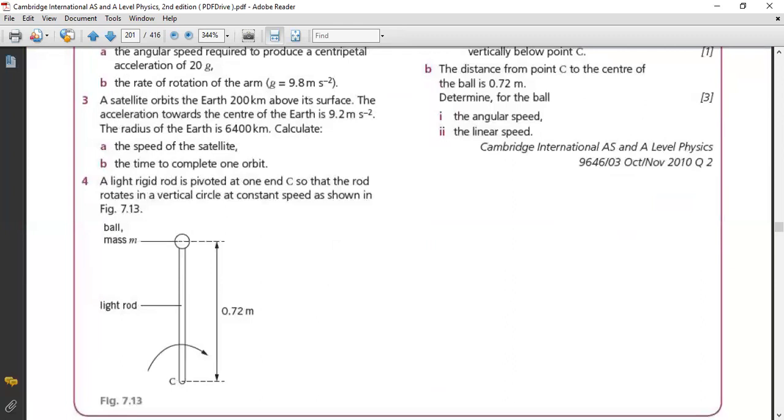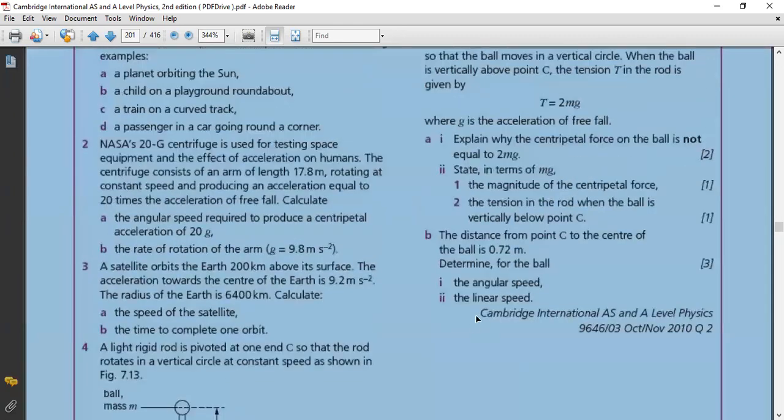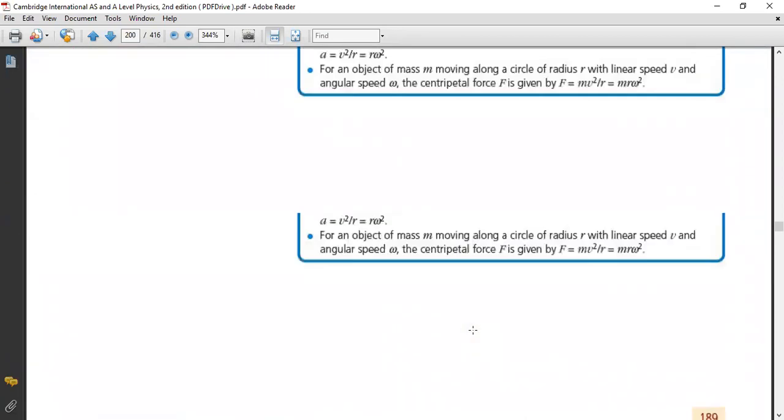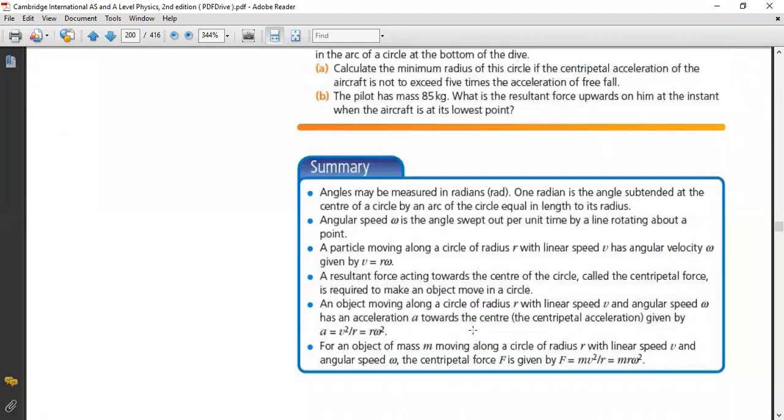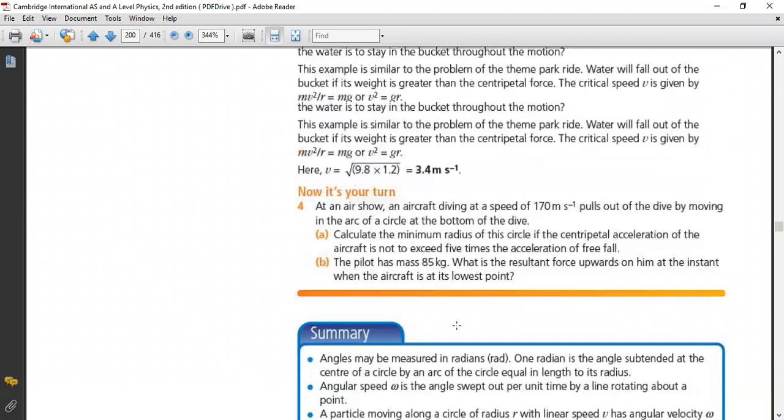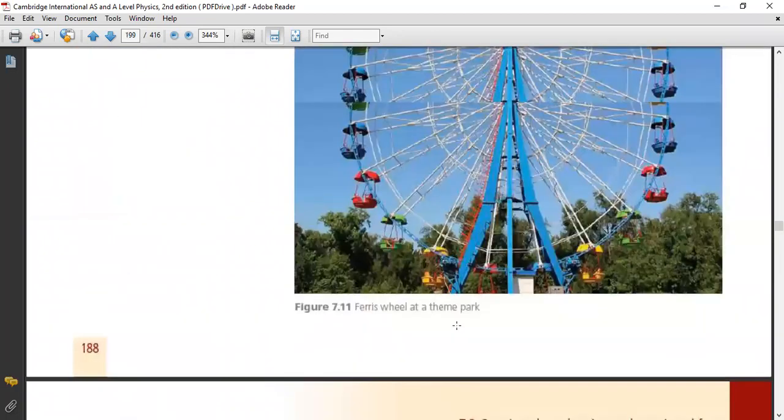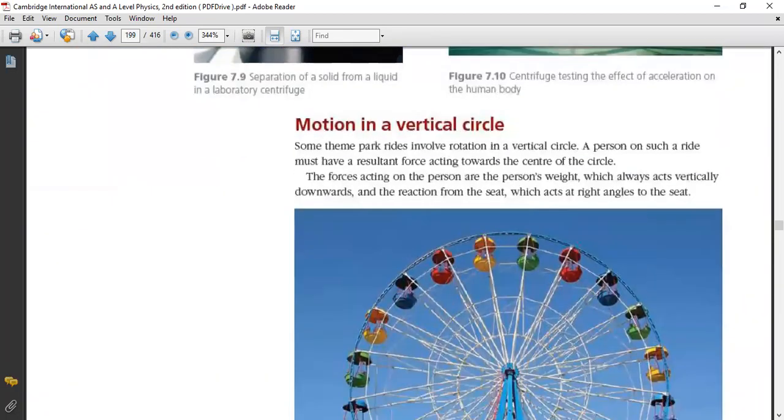Last question, we have to solve this question number 4. We will solve this. Any doubt or any question if you want to ask regarding this chapter? Because in the next class, first I will discuss these concepts. First we will revise turning of a car and all that.